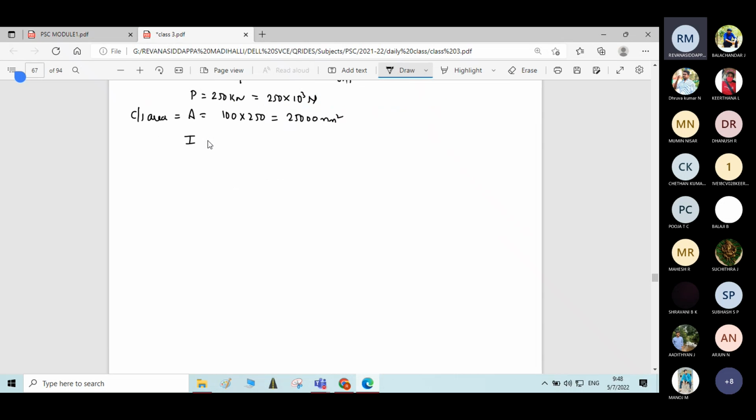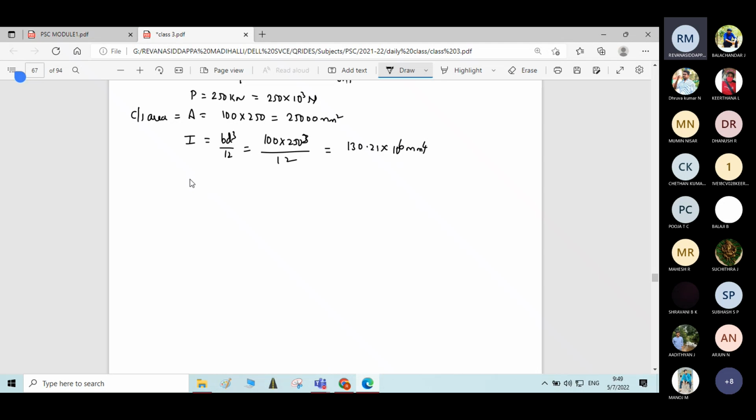I is equal to BD cube by 12. So 100 into 250 cube divided by 12. We'll get the answer as 130.21 into 10 power 6 mm 4.